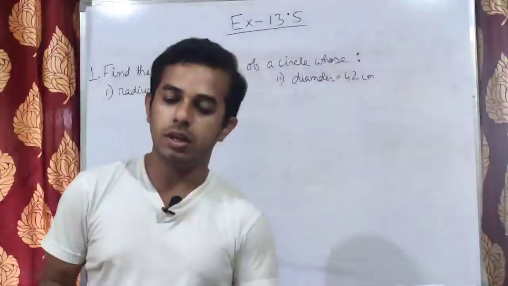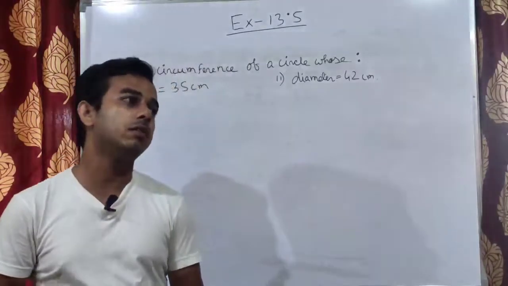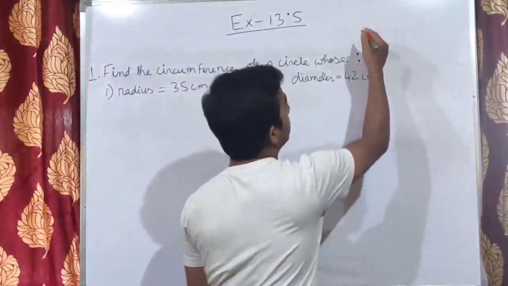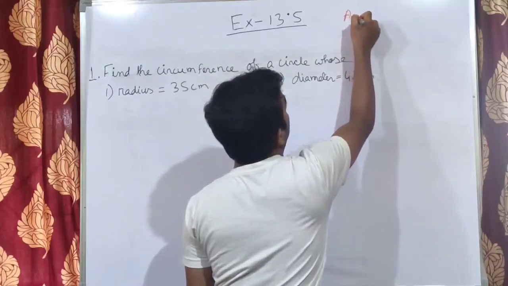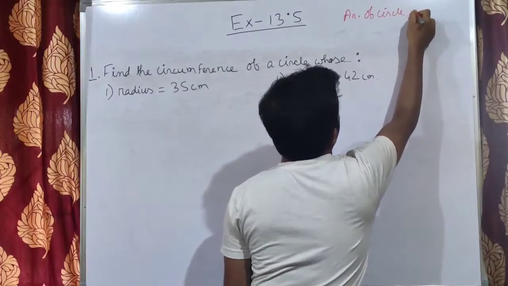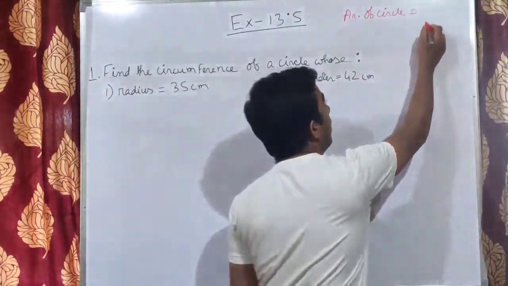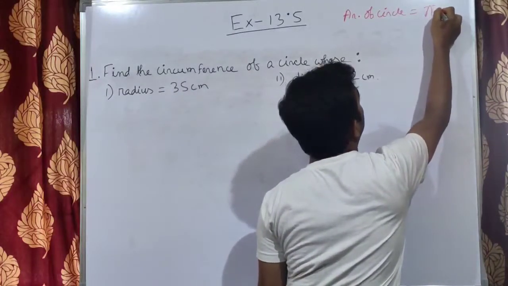Okay, so let's start with area of circle. What is the area of circle? Formula: area of circle was pi r square. Okay, the value of pi is what?